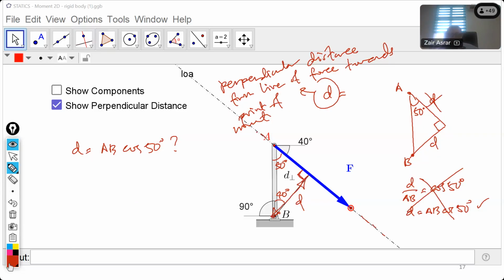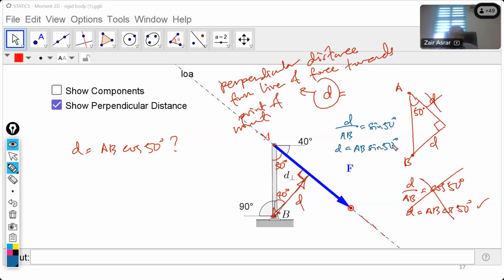That means from this triangle, our relationship is D over AB equals sine of 50 degrees. So D is actually AB sine 50 degrees.